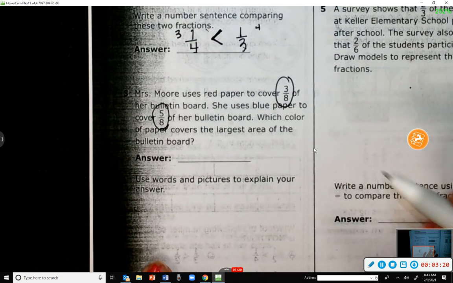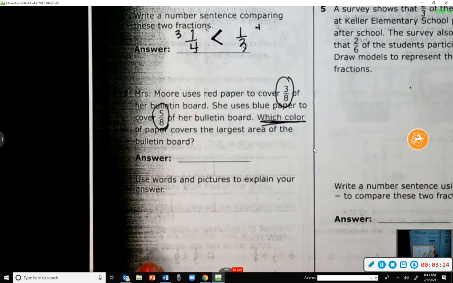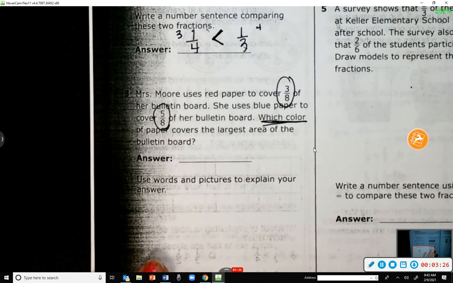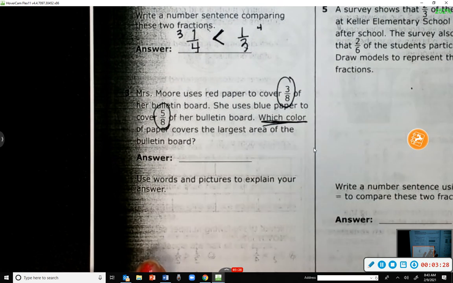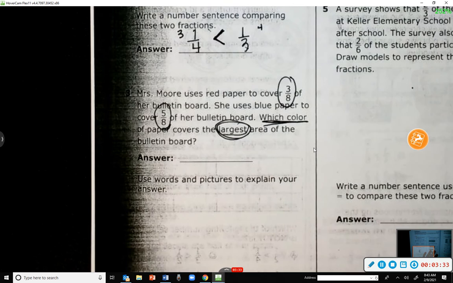And then the question asks for which color. Let's underline that. Which color covers the largest area? That's important too. We don't want the smallest. We want the largest. Okay?